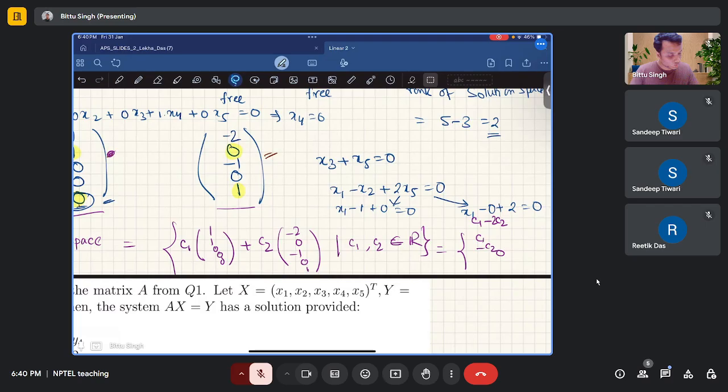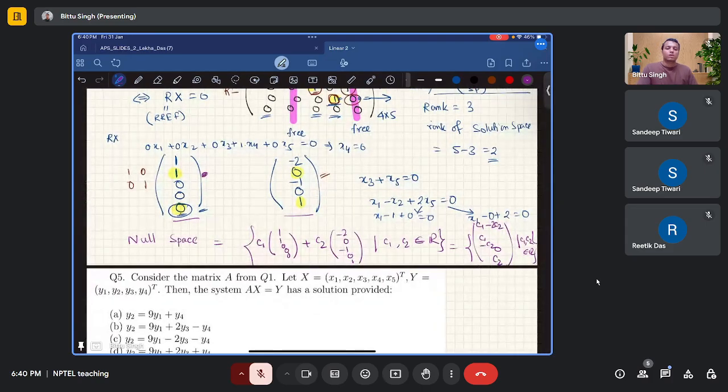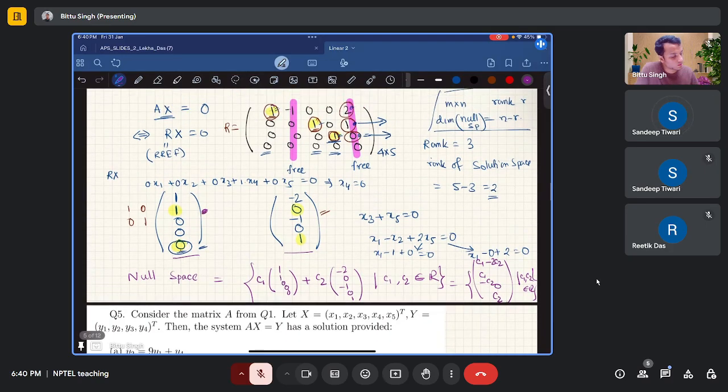So any solution will look like this, where c1, c2 belong to R. Is it clear? This is the null space, you can see. And so the solution space can be obtained from this.